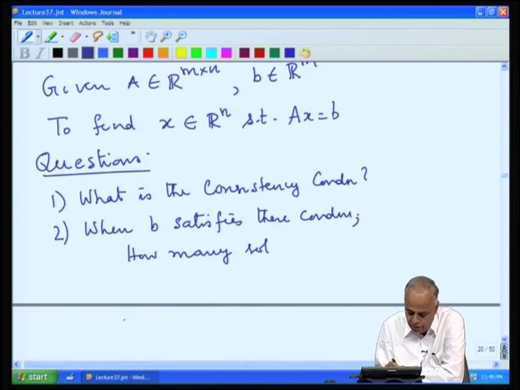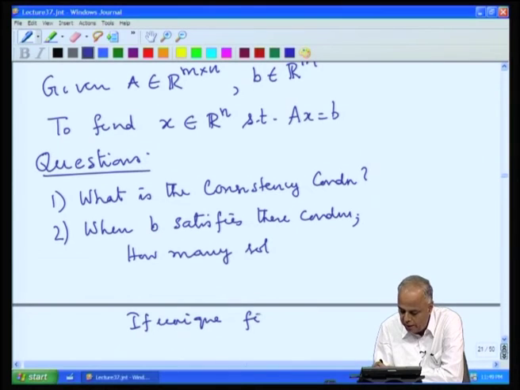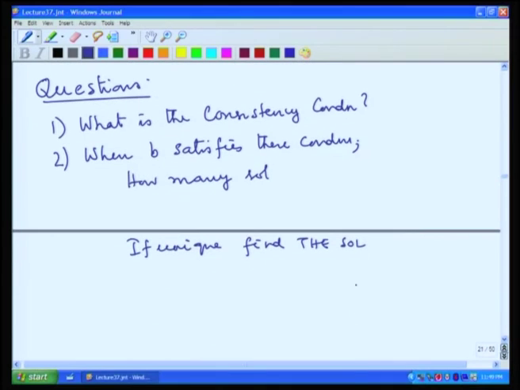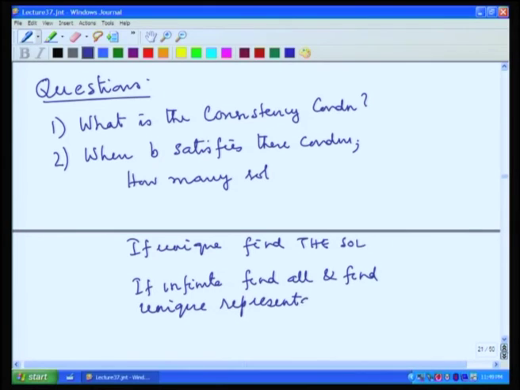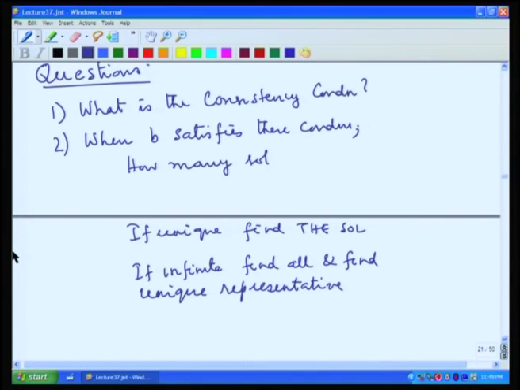If it is unique, we want to find the solution. If the number of solutions is infinite, find all and find a unique representative solution. Among the many solutions that we have, we must say what criterion we can use in order to pick a representative solution.